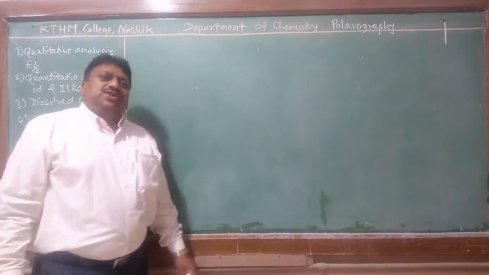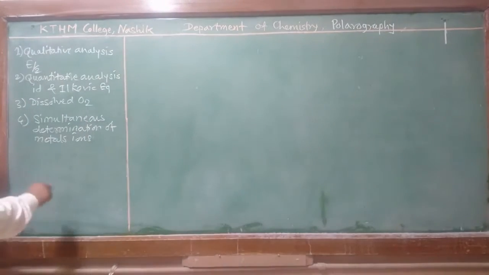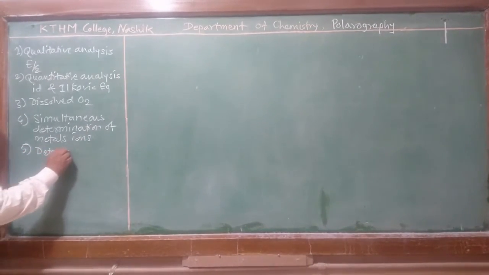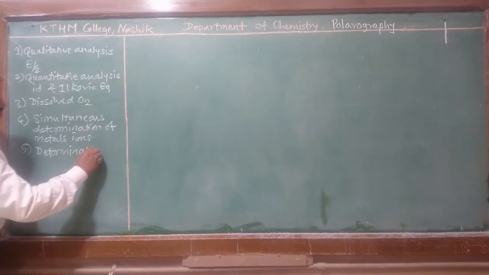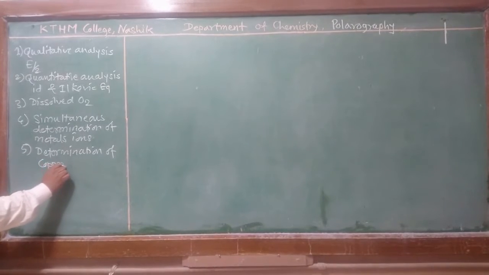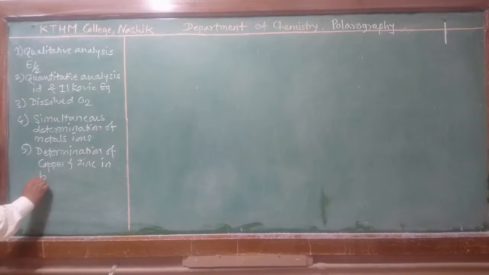Students, in today's lecture we discuss the remaining applications. The fifth application is the determination of copper and zinc in a brass sample.